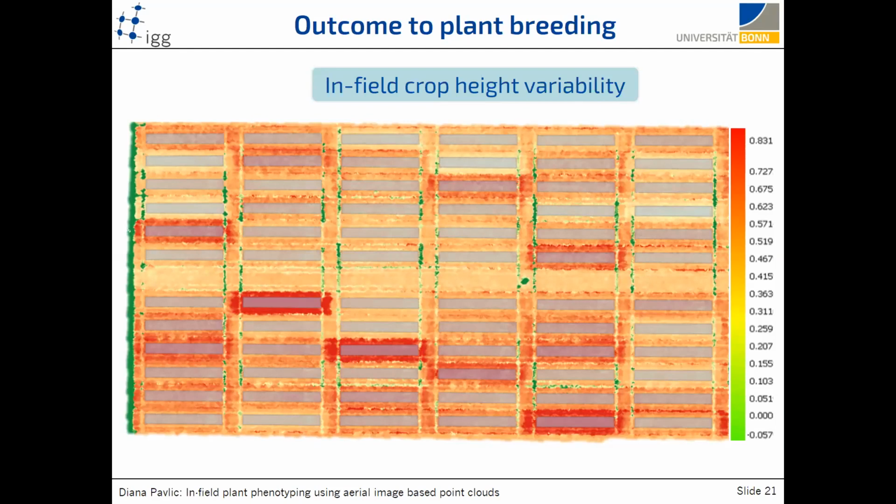Additional information which comes as an add-on to this 3D data capturing is the in-field crop height variability. This is something we can provide with high spatial resolution and geolocation of our measurements. For example, here we can see crop height variation per each 5 centimeters.